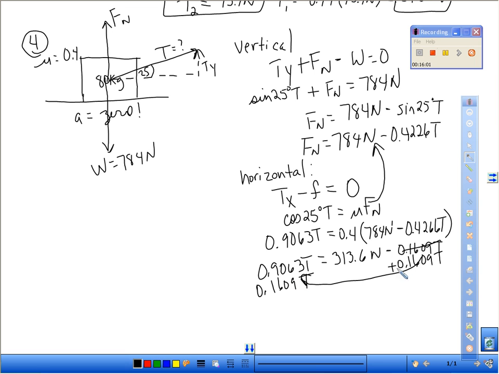Those will cancel. So that's going to give me 1.067 T equals 313.6 newtons. I'm going to divide both sides by 1.067.